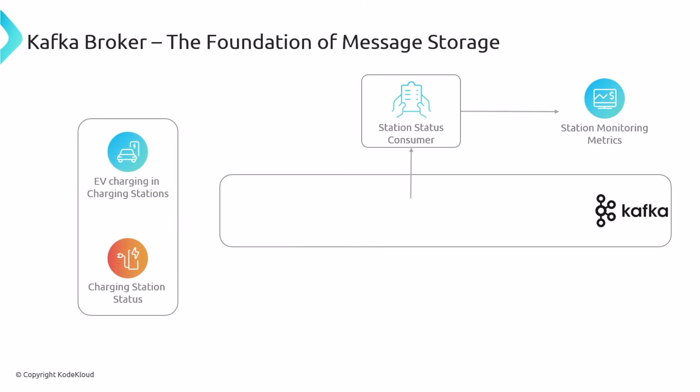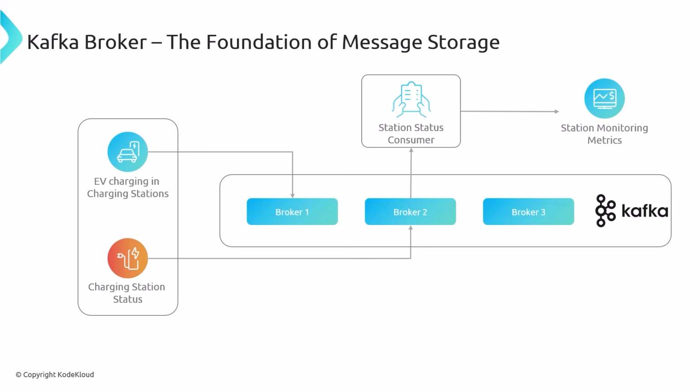So this is the use case. So we have our producers, that is the EV charging stations, and the charging stations themselves produce the events, but where are those events actually stored? They are physically stored in what we call brokers. Brokers are nothing but physical machines and they have hard disks attached to them.